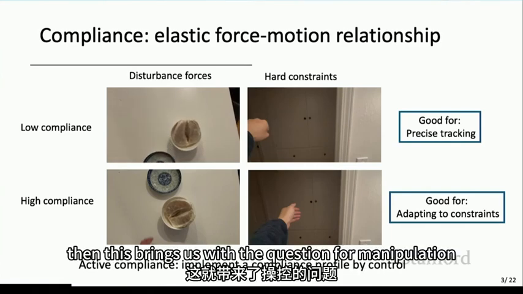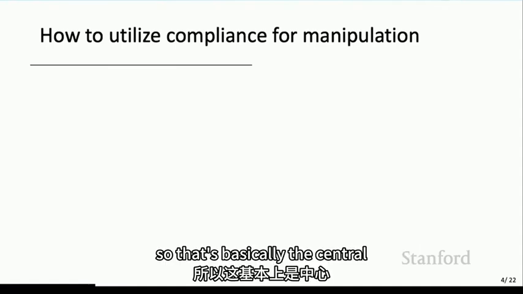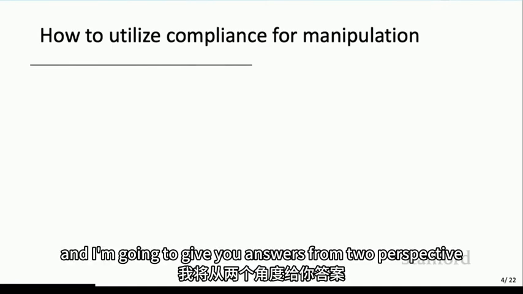Then this brings us with the question, for manipulation, can we design our control to take the best of both worlds? So that's basically the central question I'm trying to answer today. And I'm going to give you answers from two perspectives.